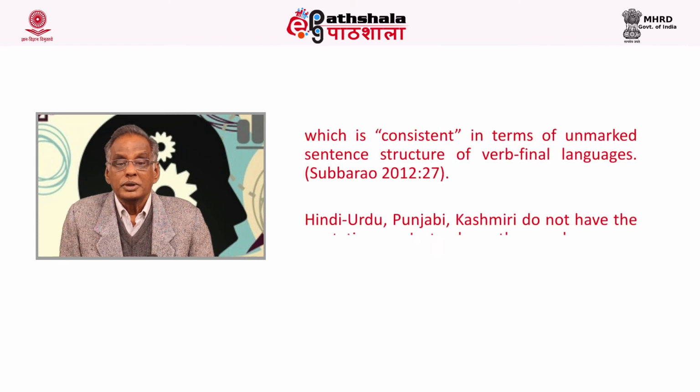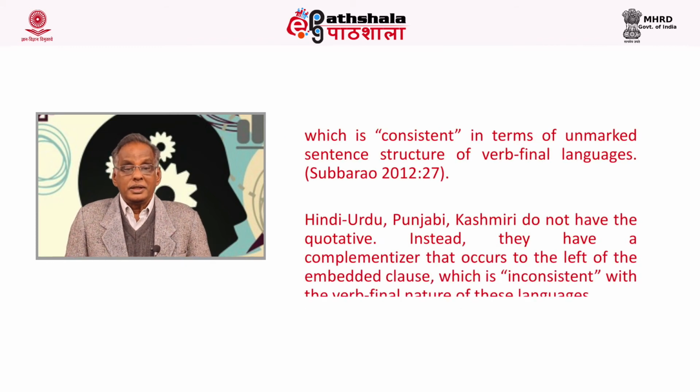Hindi, Urdu, Punjabi, Kashmiri do not have the quotative. Instead, they have a complementizer that occurs to the left of the embedded clause, and such occurrence is inconsistent, I repeat, inconsistent with the verb final nature of these languages.